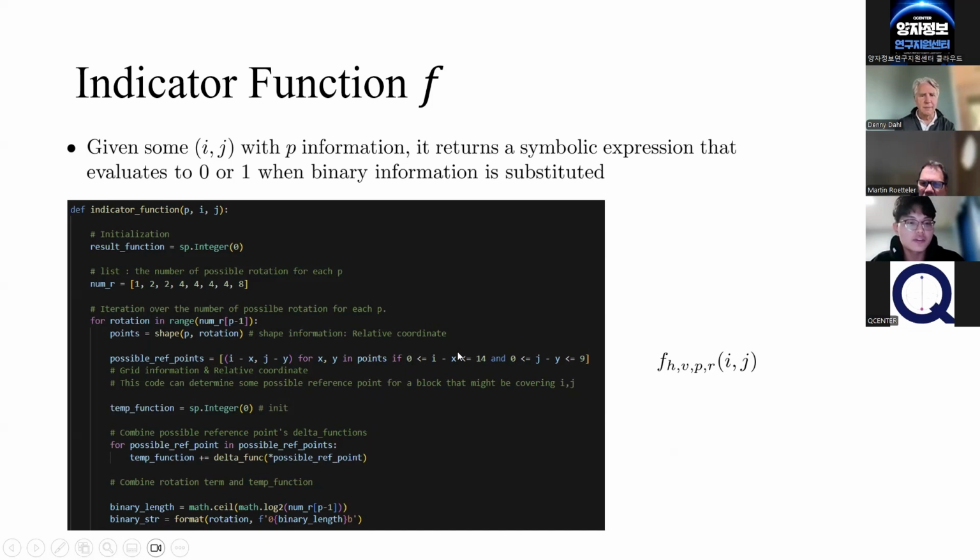Next, the function modifies this symbolic term based on the rotation. Since rotations are encoded as binary variables, the function uses the binary representation of the current rotation to attach symbolic weights.